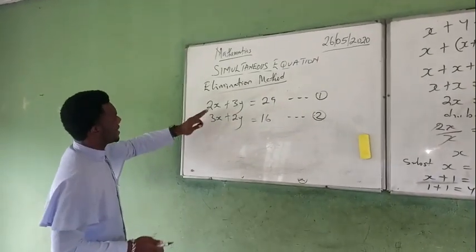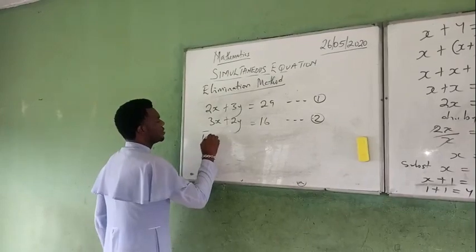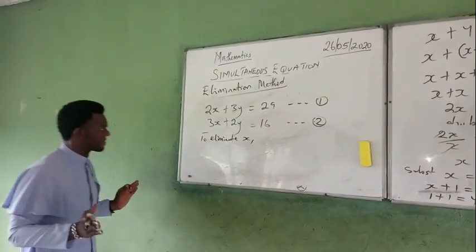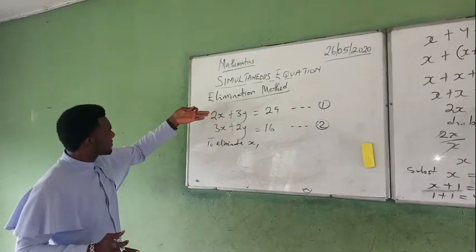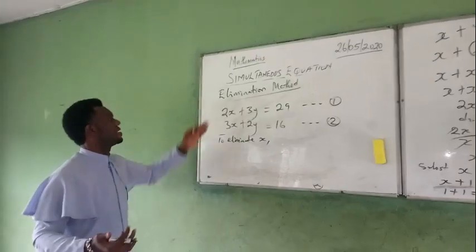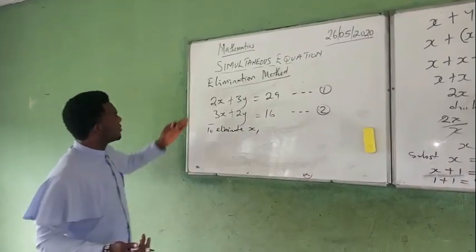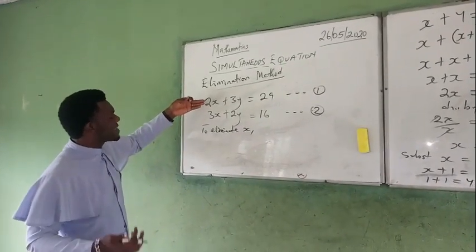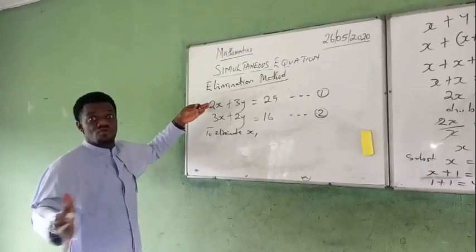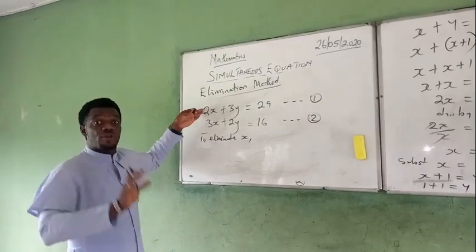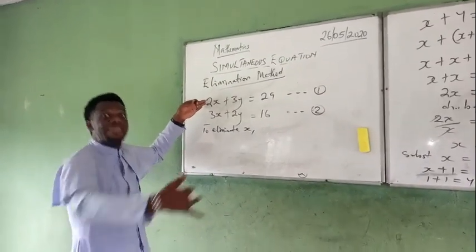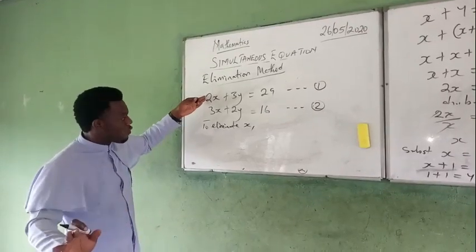Think about it. Let me say we want to eliminate x, so we want to make x here and here the same, the coefficient of x to be the same on both sides. What do we do? In mathematics, when you tamper with any variable in an equation, it must affect all the terms in that equation in order to maintain the sign of equality.